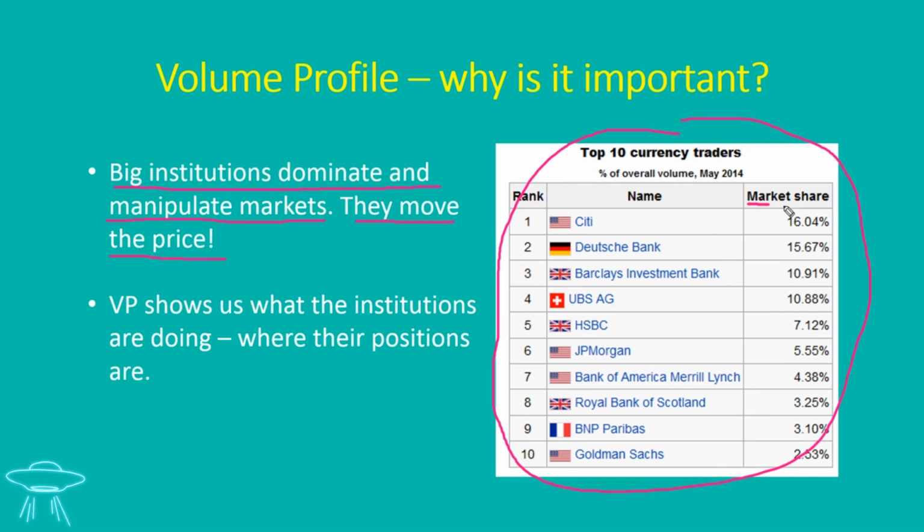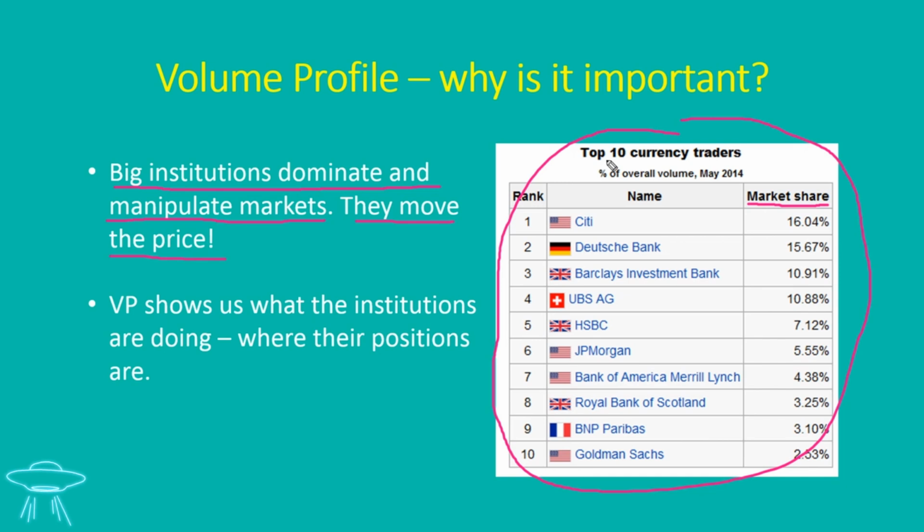And if you count their market share, then you can see that it's an absolute majority of all the markets. So 10 banks control the absolute majority of all the volumes that are traded every day. And with volume profile, you can track those institutions. You can track their trading volumes because those are the guys who place most of the trades, who create most of the volumes in the markets.